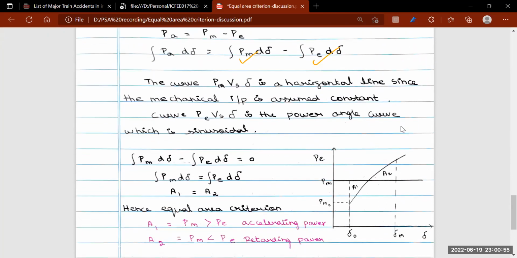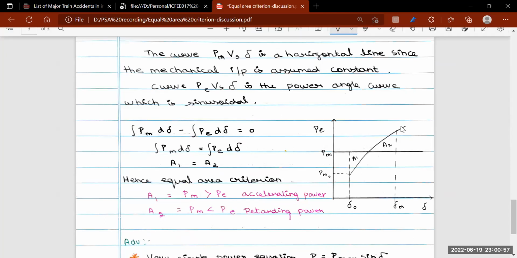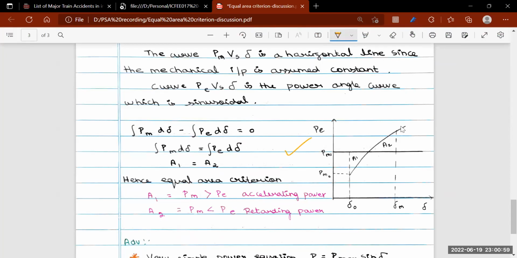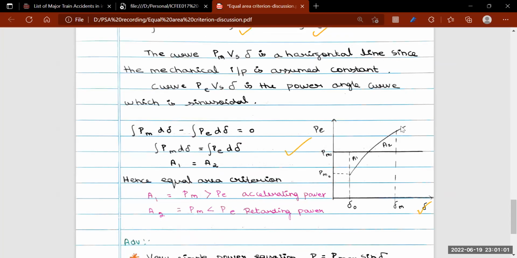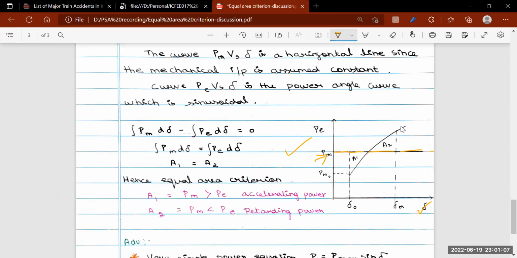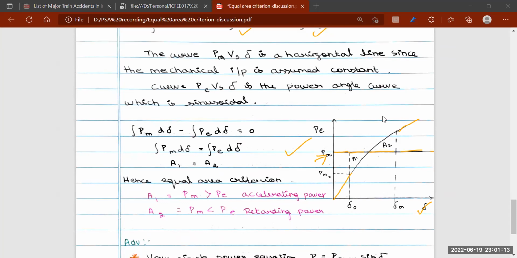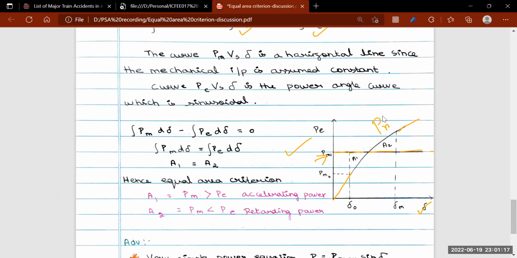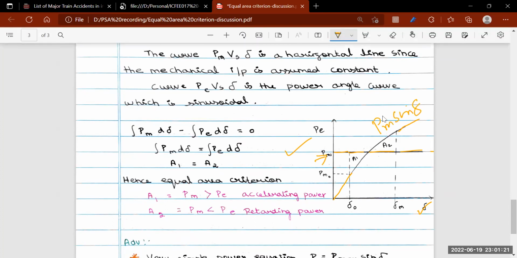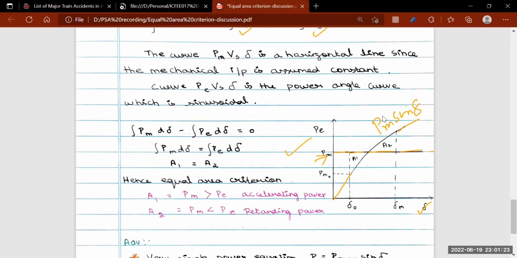Now, if I take this graph, the electrical power with respect to δ, the PM is the mechanical input, which is the horizontal line like this. And PE versus δ is going to be my power angle curve, equal to PM sin δ or P max sin δ.